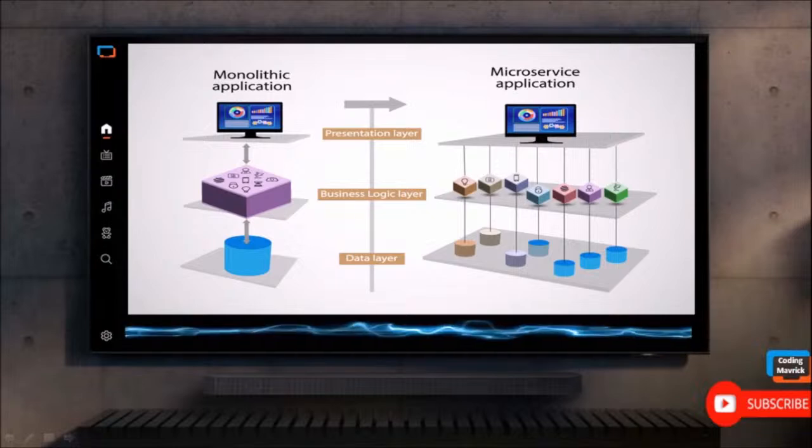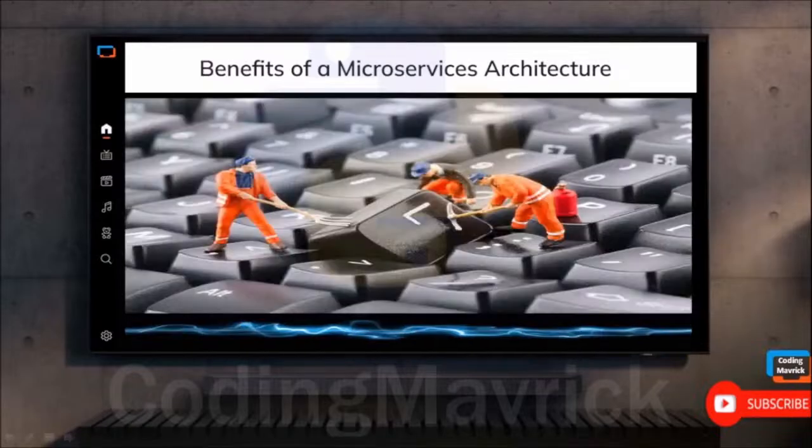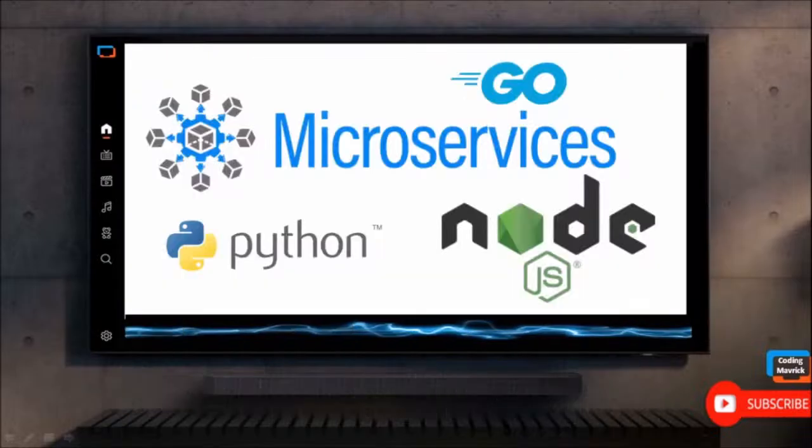Viewers, microservices bring some powerful advantages like scalability, flexibility, faster deployment, fault isolation, and easier maintenance. You can scale the parts that need more power at specific times. For example, just boost the product service during Black Friday. Each service can use the best technology for its job.